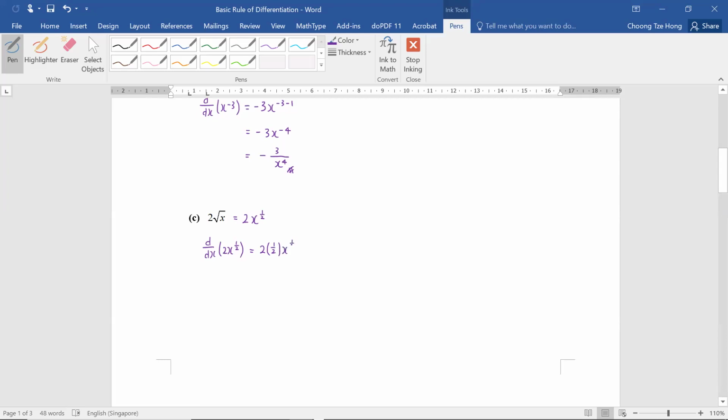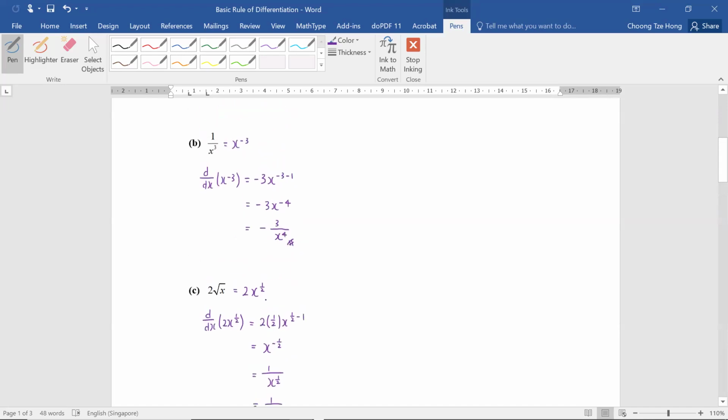Then you reduce the power by 1, means you minus 1. So 2 times half will become 1. In other words, the overall result will be x to the power of negative half. Same thing, we want to leave our answer in positive index, so it will become this. Then maybe we would like to return it to the square root form, so it becomes 1 over square root x. So this will be the answer.